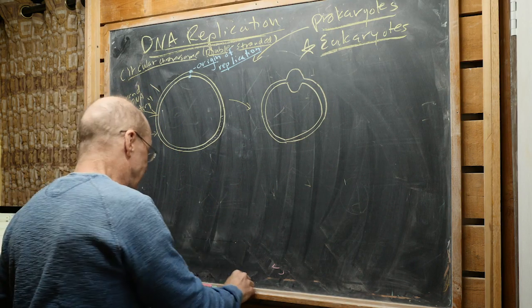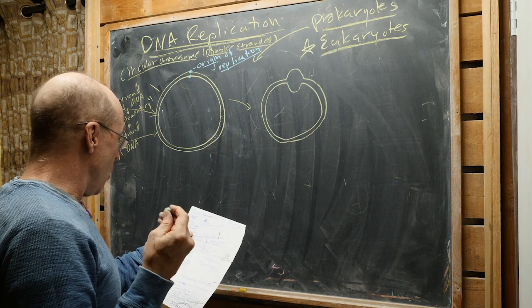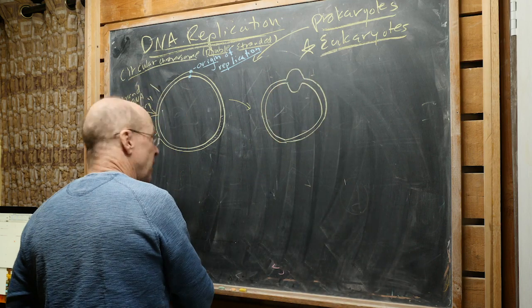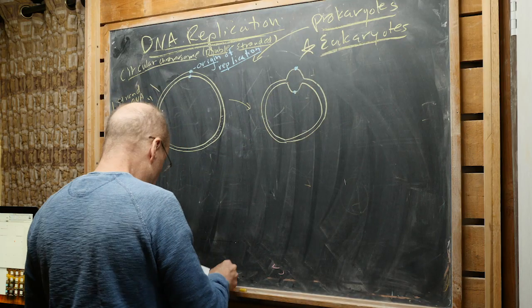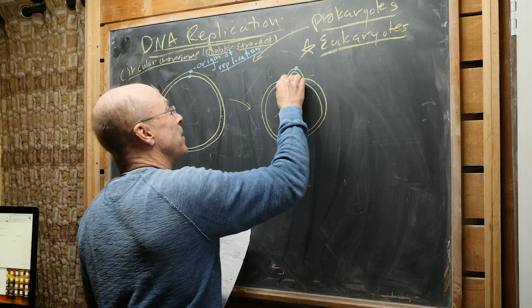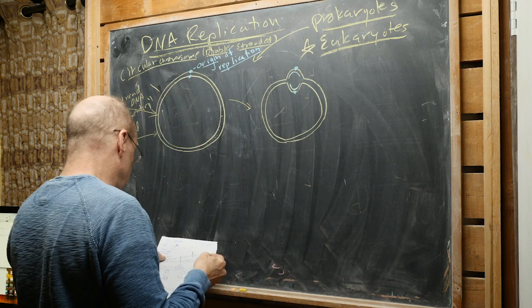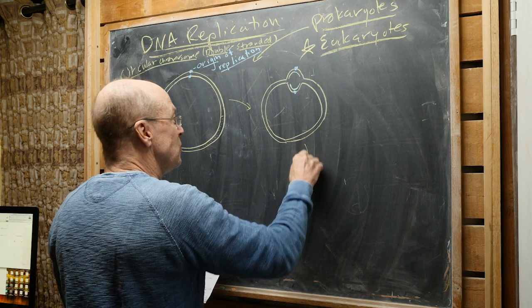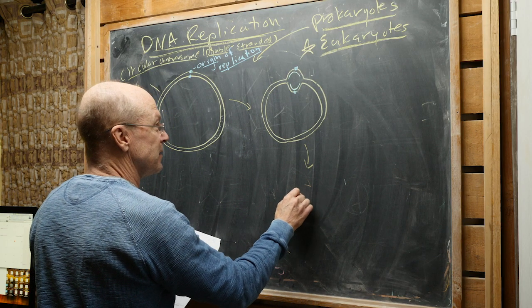And what's happening here is, I'm going to use green, I hope it shows up. I need to always identify these origin points. There's the origins. And what we're going to see happening here is complementary strands forming. So that's complementary stuff that's forming. And this thing just continues to get bigger and bigger and bigger. This bubble starts to look like this.